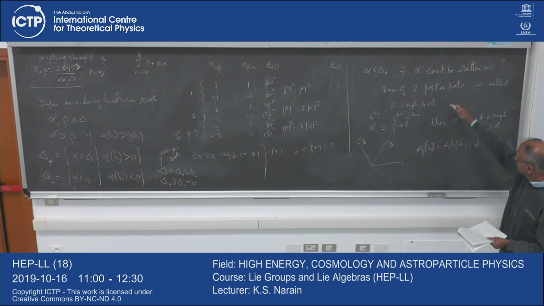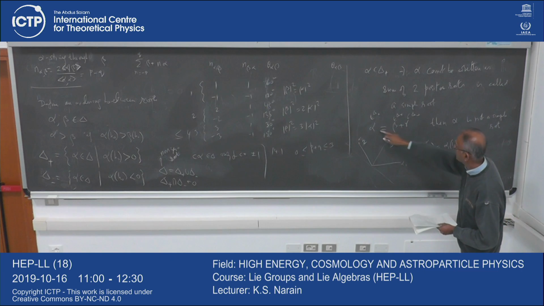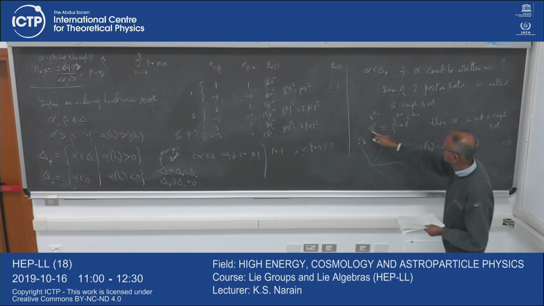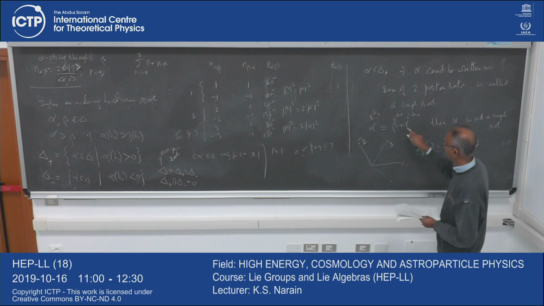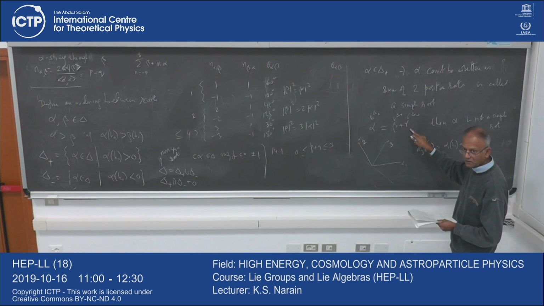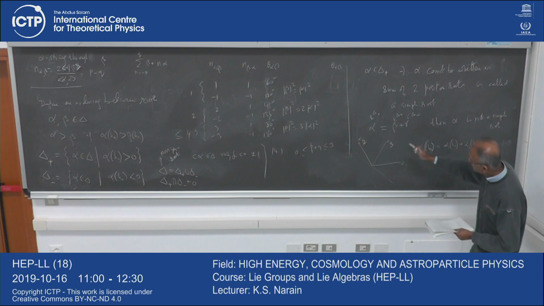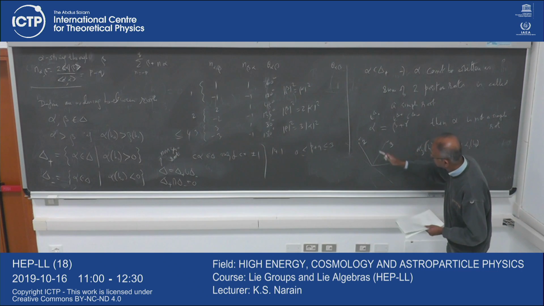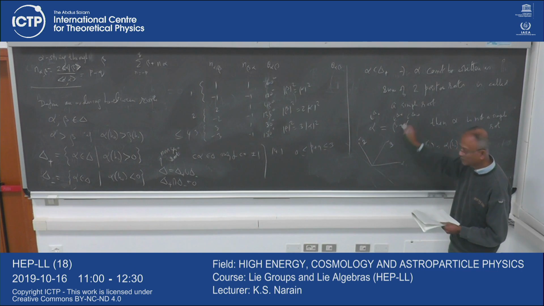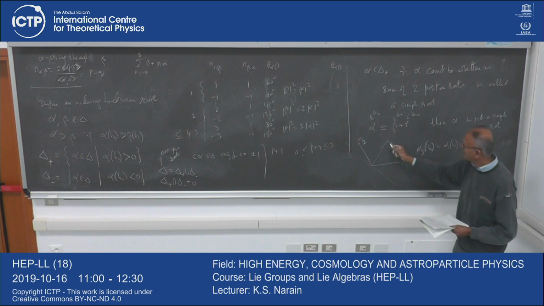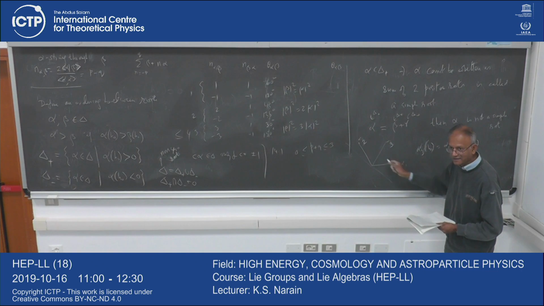So somehow we want to pick out from this. Anytime I can write alpha equal to beta plus gamma, clearly alpha evaluated at H0 will be greater than the values for beta and gamma. So we are trying to find those roots, roughly speaking, which are closest to this line. Because the farther you go up, the higher the value than these two.